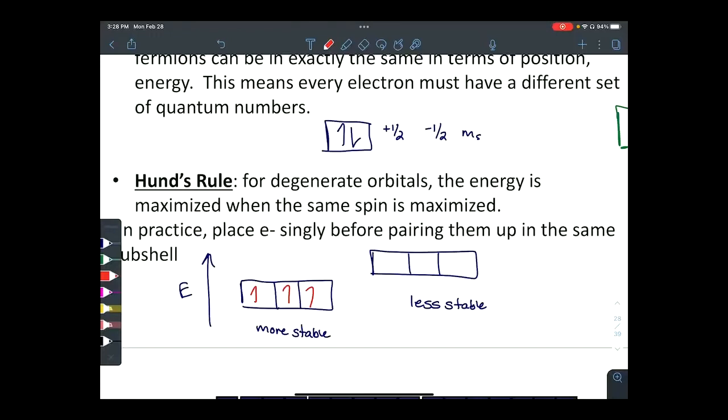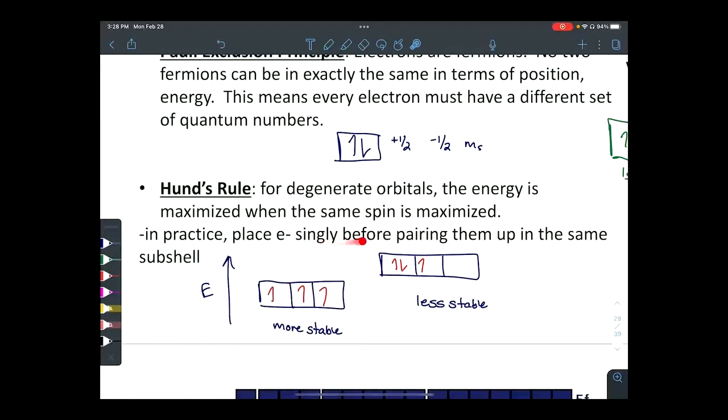So this picture I drew, where I put them all in a different space or spread them out, is more stable than something like this, where I have 2 electrons in the same orientation and then one over there. Where you're putting them too close to one another, you start to feel repulsion. So in practice, place electrons singly before pairing them up in the same subshell.